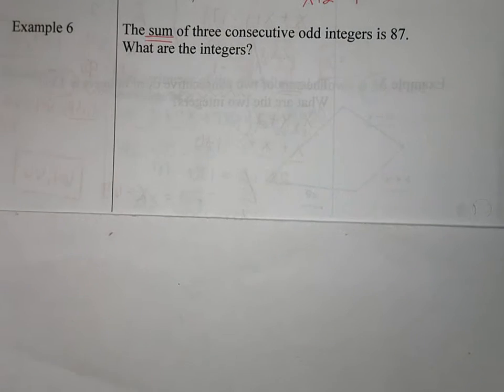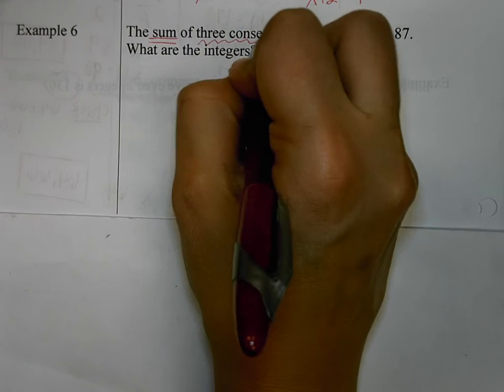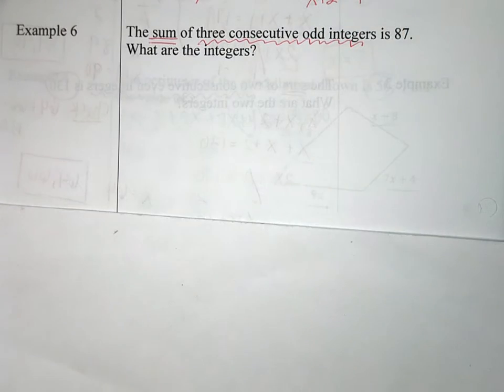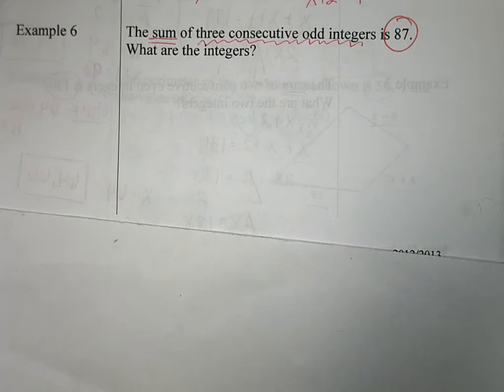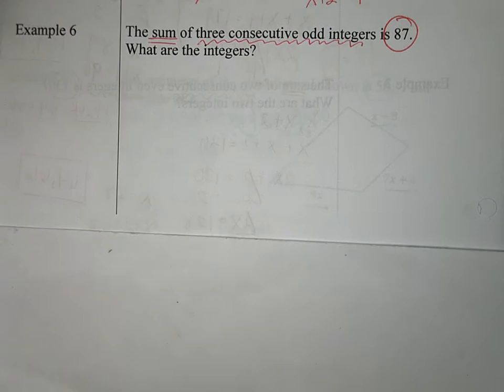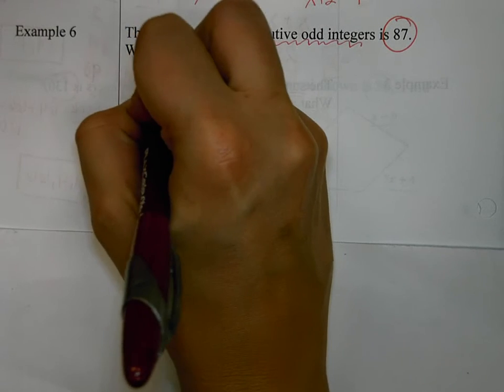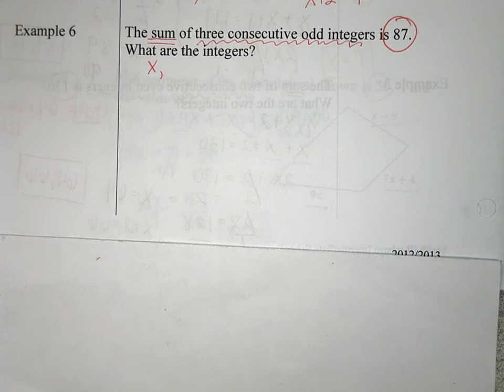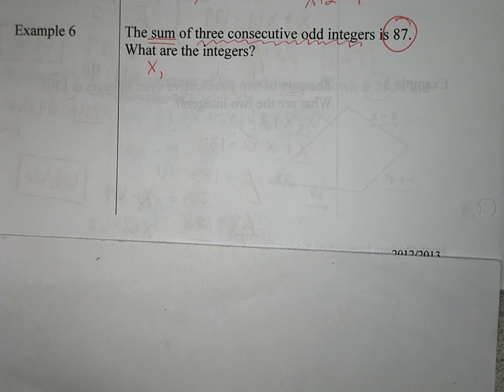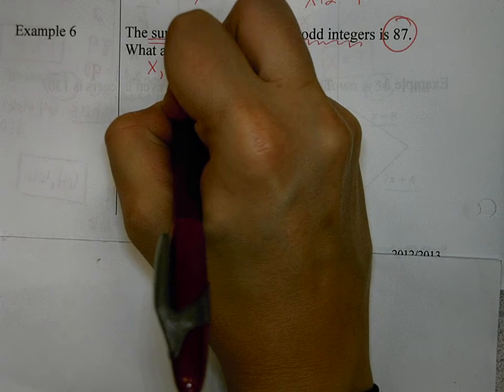Last one, example 6. We're looking for a sum of 3 consecutive odd integers, and they should all add up to 87. Since we're looking for 3 consecutive odd integers, my first one should be x. I have to skip the next even integer, so my next one would be x plus 2.